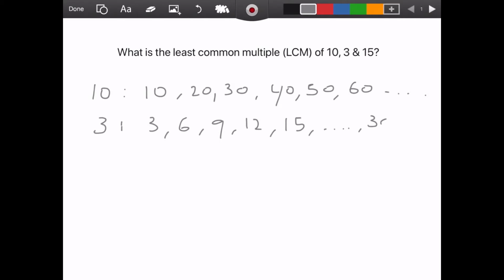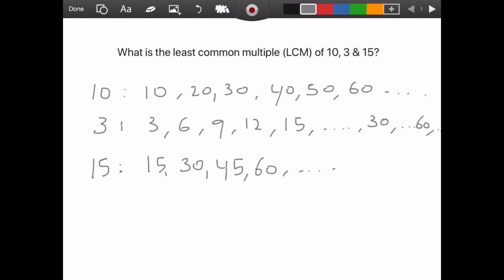And then of course we have 3 times 10, 30, and afterwards we also have 3 times 20, which is 60, and so on, right? How about 15? We have 15 times 1, 15, 15 times 2, 30, 45, 60, and so on.